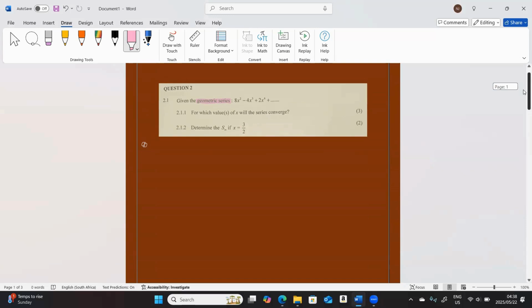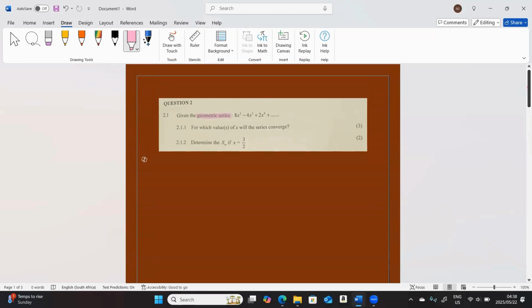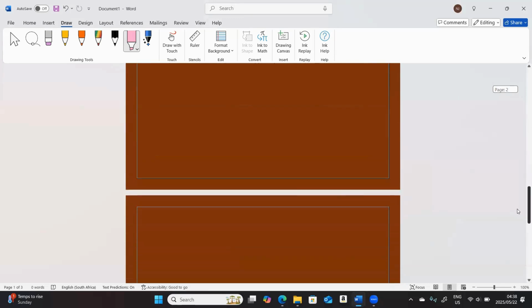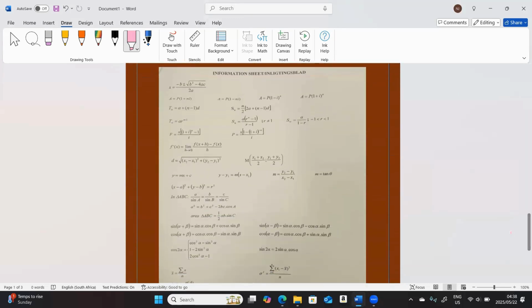I suggest that you highlight all the different formulas, not just for the geometric series that we are working with here, but all your formulas and principles that are applicable to sequences and series. So quickly go to our formula sheet and let's do exactly that.